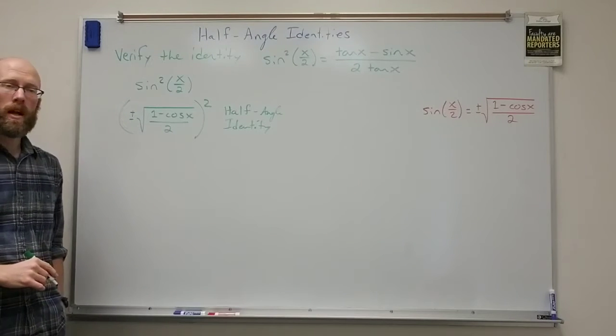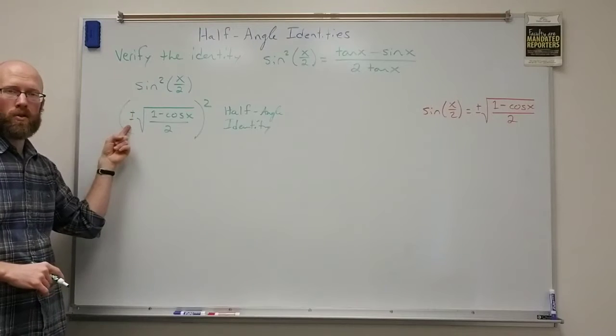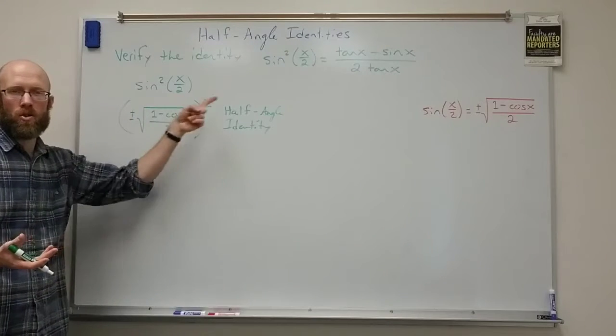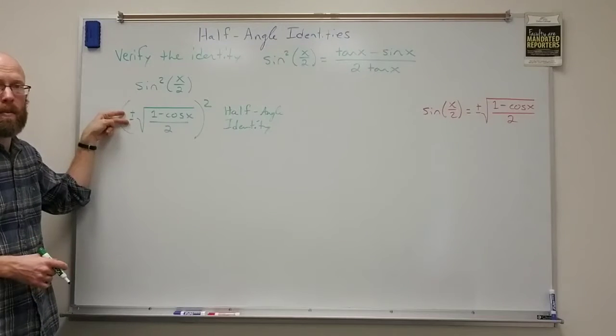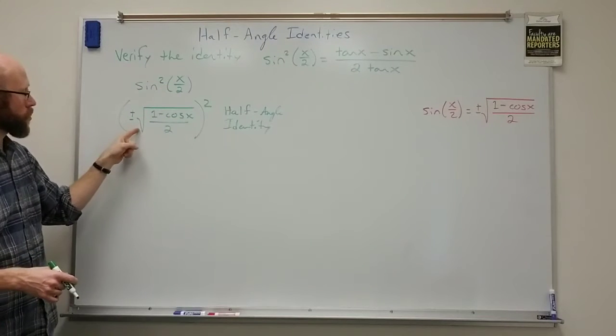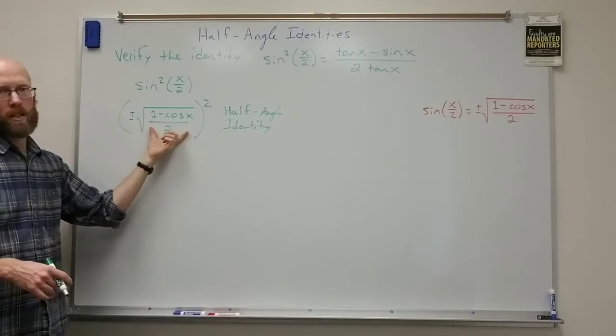Now, when you square, whether it's positive or negative, it's always going to be positive after you square it, right? So we don't have to worry about that. The plus or minus kind of drop out with the square. So does the square root, okay?